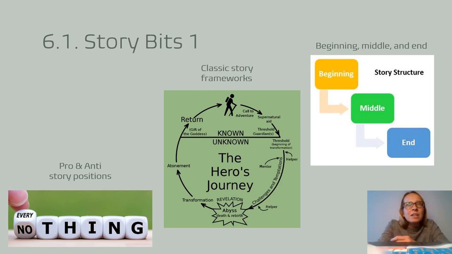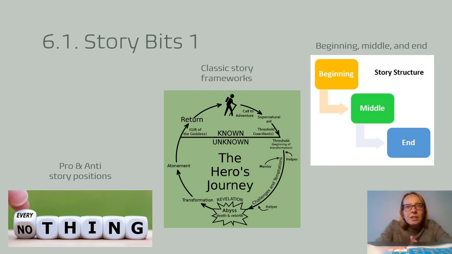I just mentioned classical story frameworks. Storytelling in a game, to me, is just another form of digital storytelling. If you look at any introductory source on storytelling, often Joseph Campbell's classic Hero's Journey pops up, and I teach digital storytelling, and that's one approach we do look at, just because it's so well known and popular.